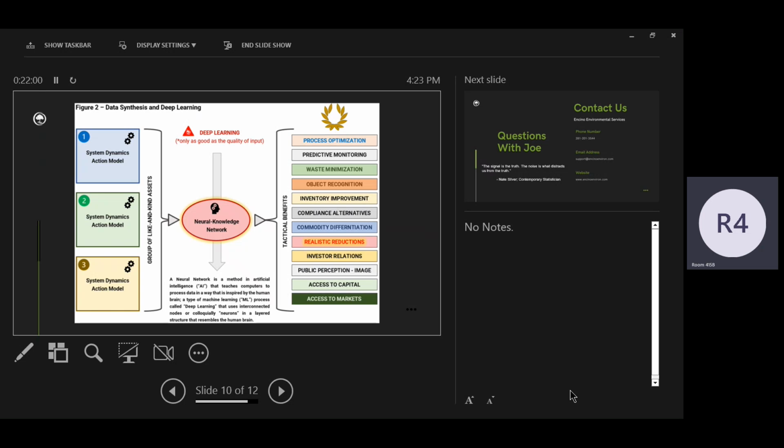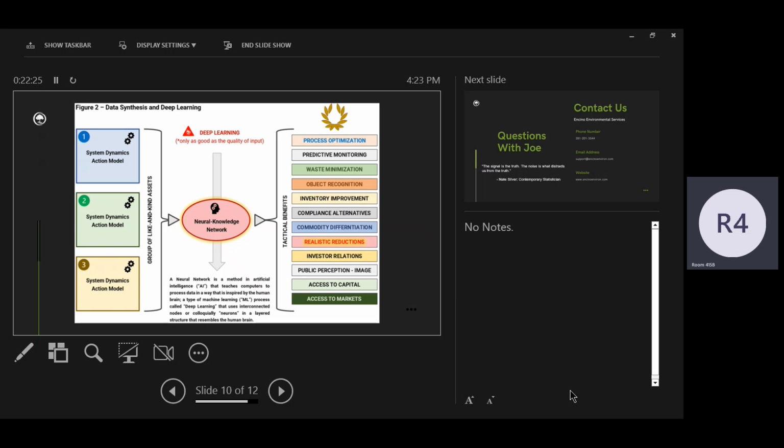Inventory improvement, and what I mean by inventory improvement is on your GHG inventories. Having some methodology that's underpinning your program is important in order to understand: is the quality of my data improving through inventory, and am I able to meet, what are realistic reductions?